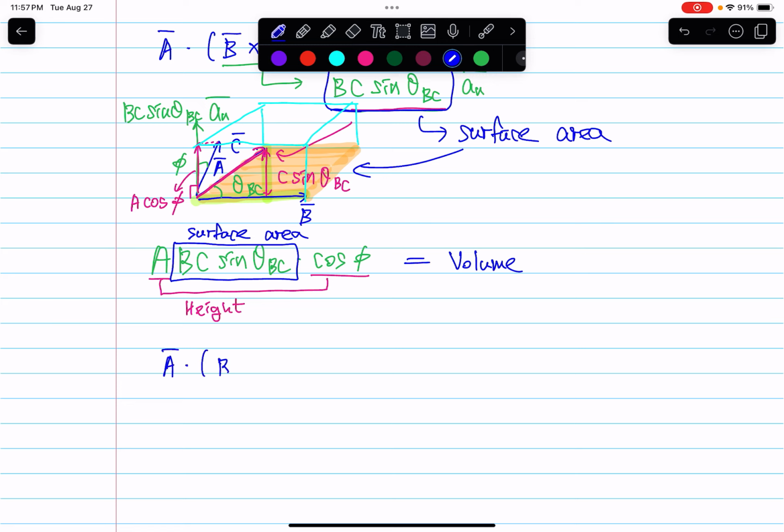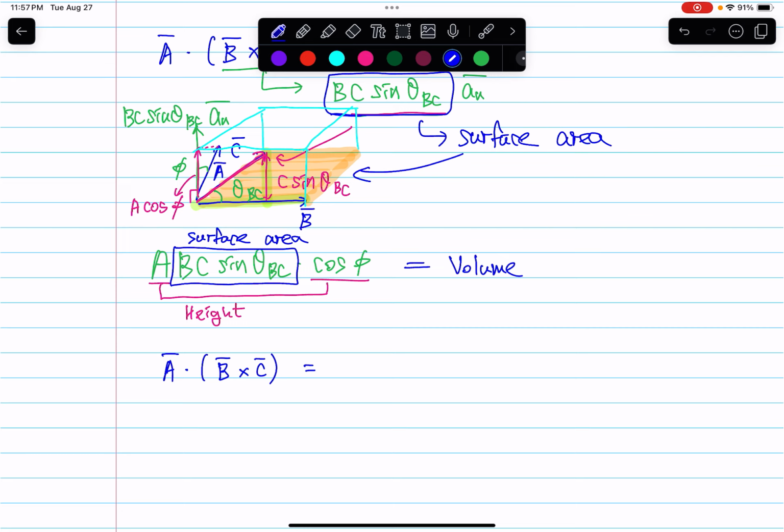So the basic form was A dot B cross C. But that is equal to B dot C cross A. And that is equal to C dot A cross B.